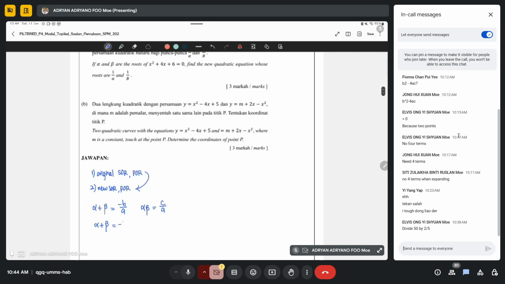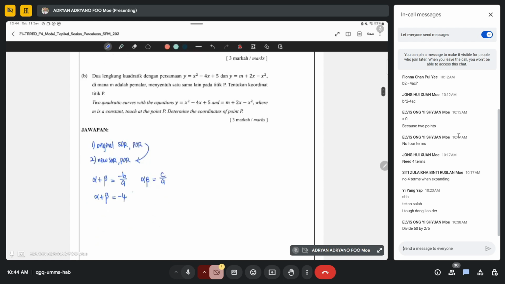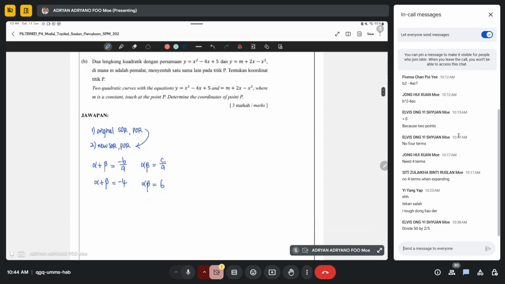So you get negative 4. Okay. And then alpha beta C over A 6. Okay. 这是 original. 那我们要找 new 的 1 over alpha, 1 over beta.